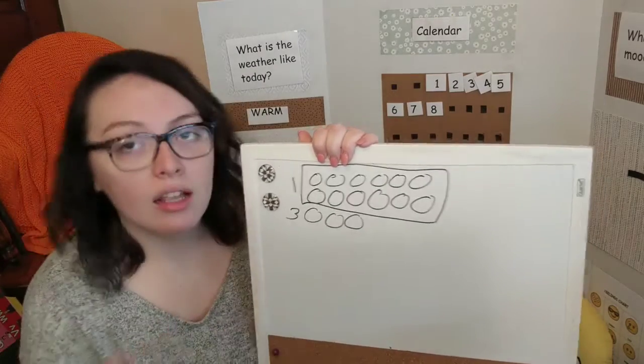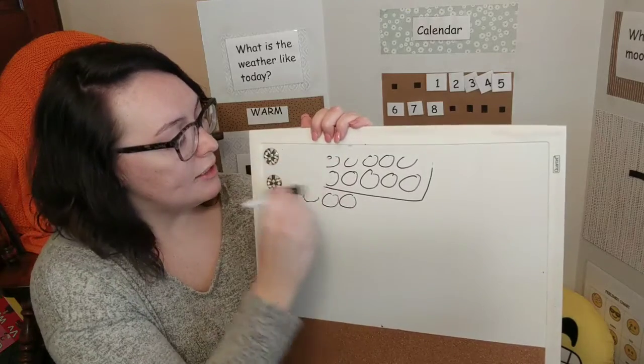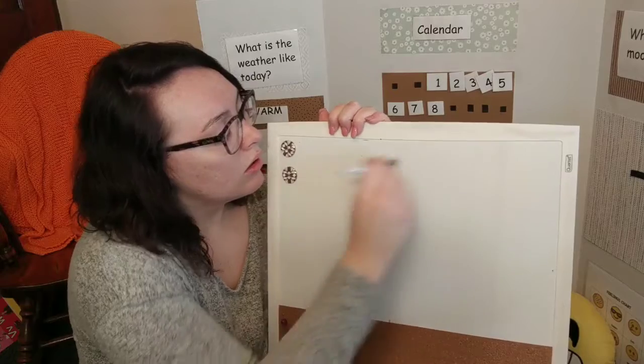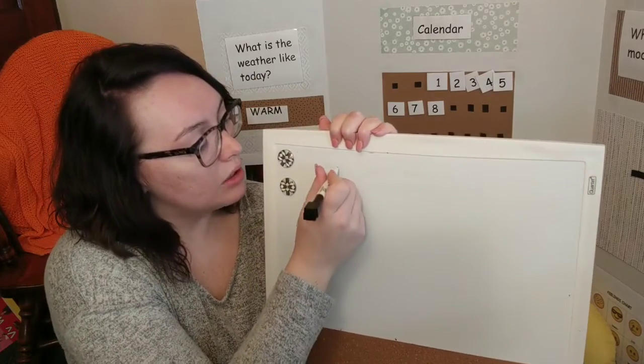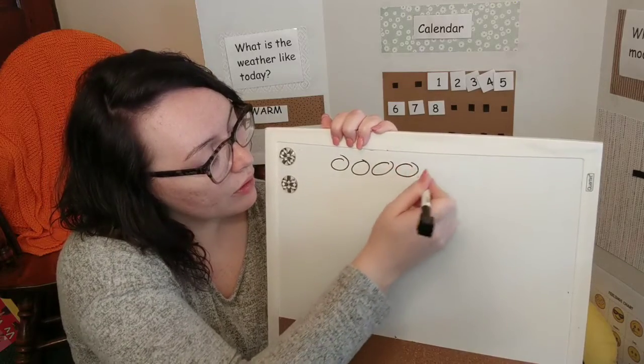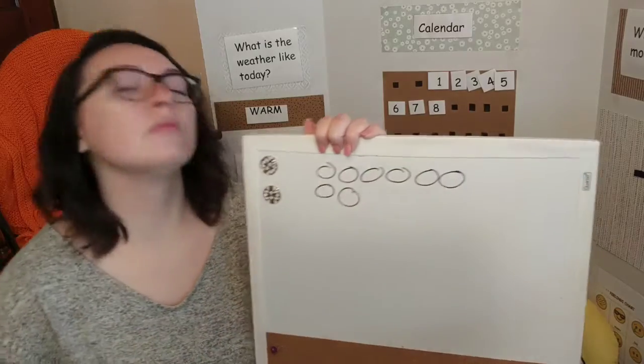Now, let's say I have 8 eggs. So 8 eggs would look like 1, 2, 3, 4, 5, 6, 7, 8.